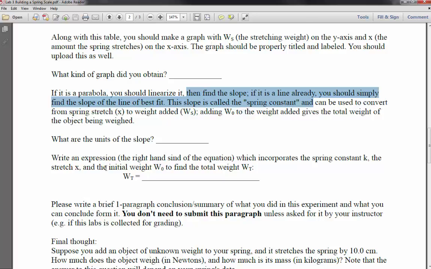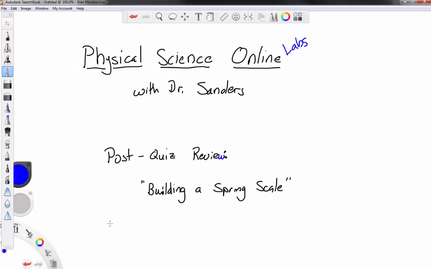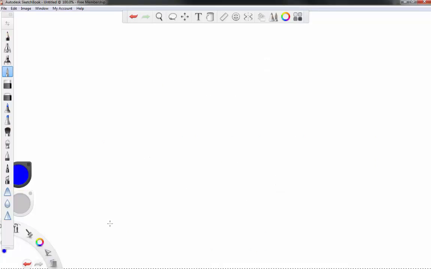And basically what this means is that the larger that K is, the steeper this line will be. So if we pull open this little file here, basically you have a graph, if I can sketch it, that looks something like this. Weight, stretch, amount stretch. This should be basically in newtons, this should be in meters.